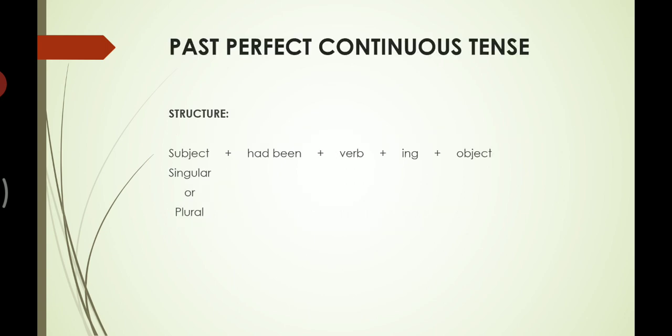Well, students, now let's understand past perfect continuous tense. First of all, its structure. With the subject, whether it is singular or plural, we use had been and the present participle form of the verb, that is, the verb with ing, and the rest of the sentence.